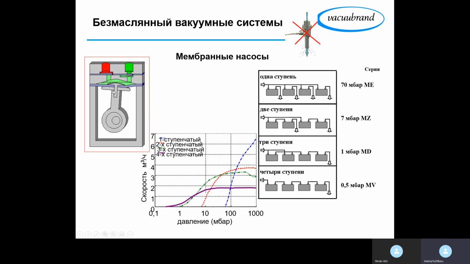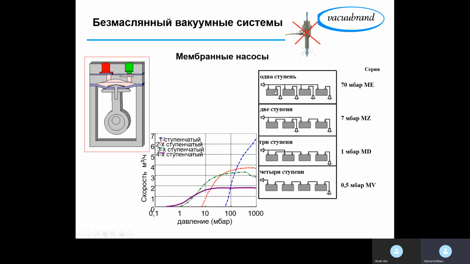And when the membrane goes up, everything occurs the other way around. So this valve sticks to this part, and this valve opens. Is it clear? Yes, yes. Perfect.